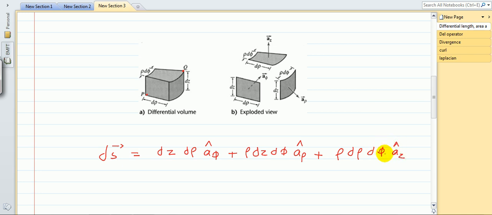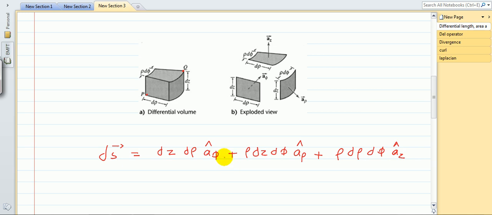You can see that whatever parameters we take in the differential, the unit vector is the remaining one. If I take d rho and d phi, the unit vector will be az. If I take dz and d phi, the unit vector is in the rho direction. And if I take dz and d rho, the unit vector is in the direction of a phi.